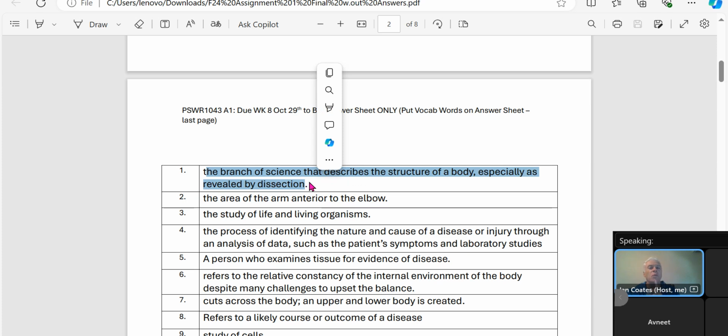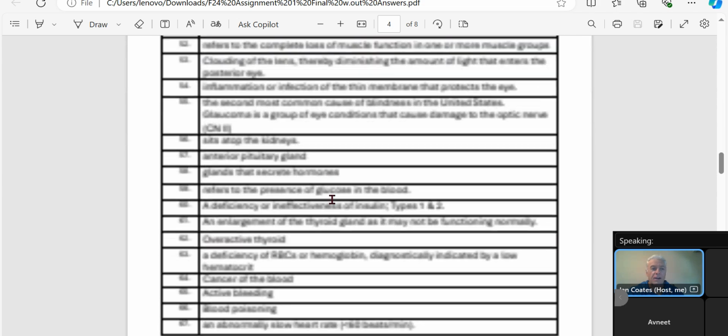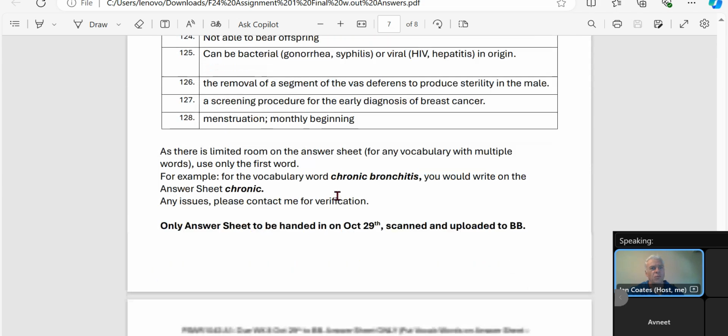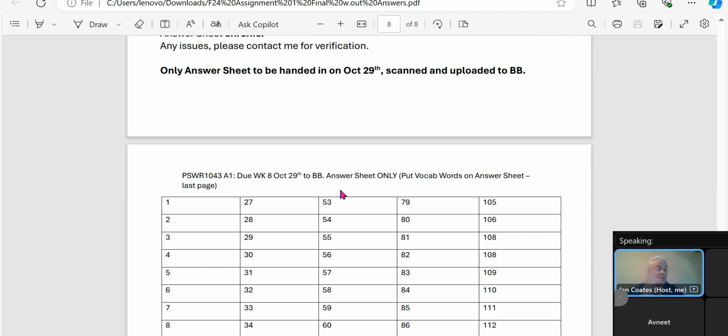I wonder what word means structure of the body. Not function, structure. Whatever that word will be, it's not coming to me right now. I need some more coffee. And that word will go there.